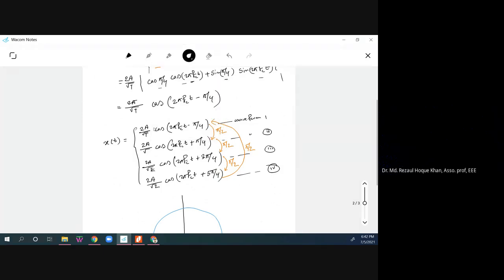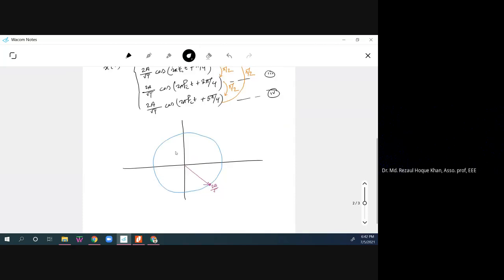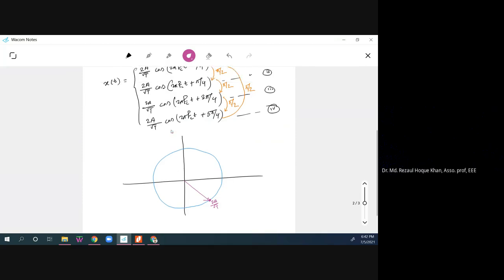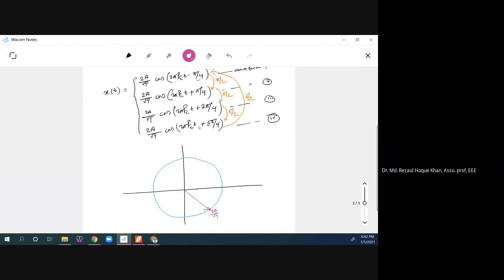So twice a by square root of t is the amplitude. What is the degree? The degree is minus pi by 4.